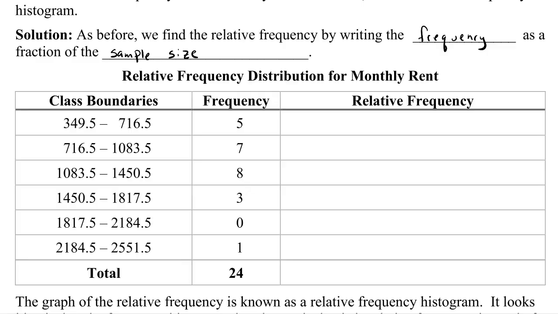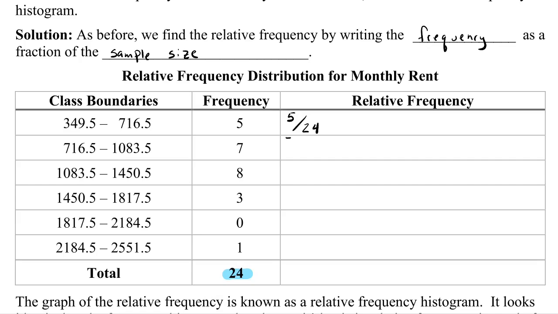So this is our frequency table that we found in example 1 and used in example 2. And we notice that our sample size was 24. So the relative frequencies, frequency 5 is a relative frequency of 5 out of 24.